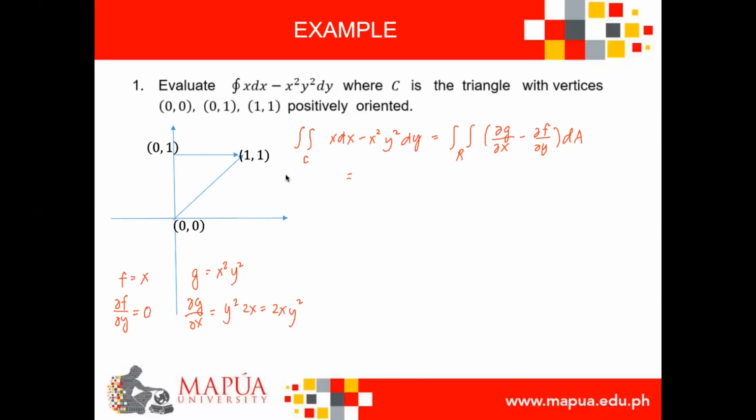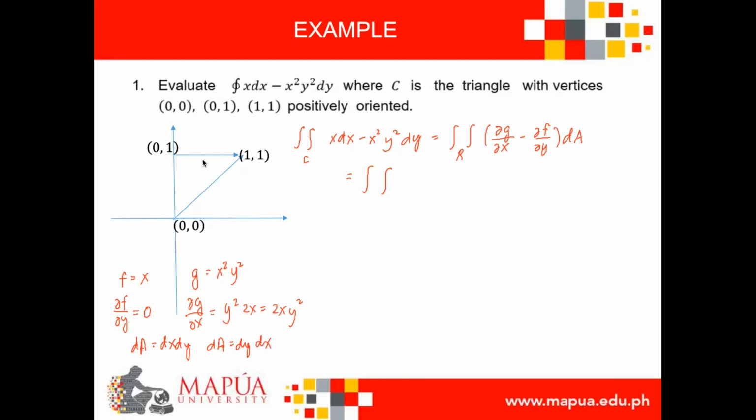And then we're going to find also the limits for your region. Before we substitute the partial derivatives of f with respect to y and g with respect to x, you need to find first your dA. Your dA can be expressed as dx dy, as we have learned last time in your Math 146 or Math 147, or this can also be written as dy dx.